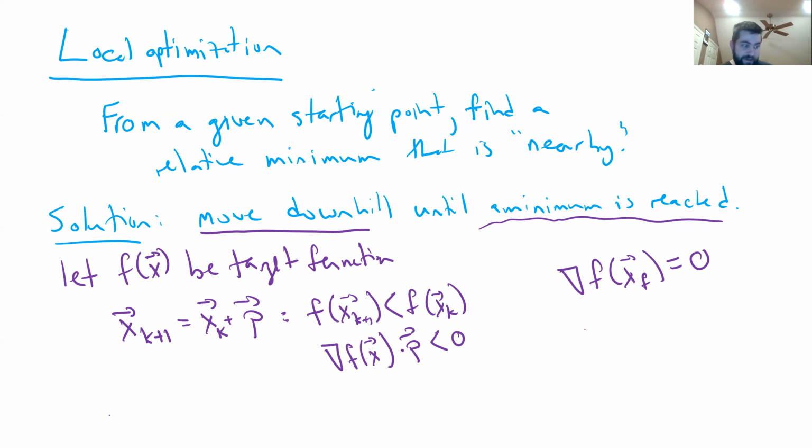The second derivatives is a matrix. If I call the Hessian of f of x, this Hessian matrix must be positive definite.